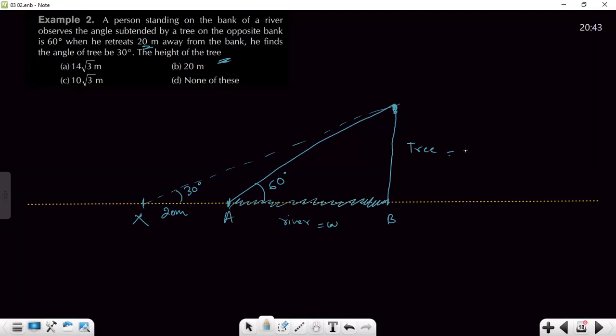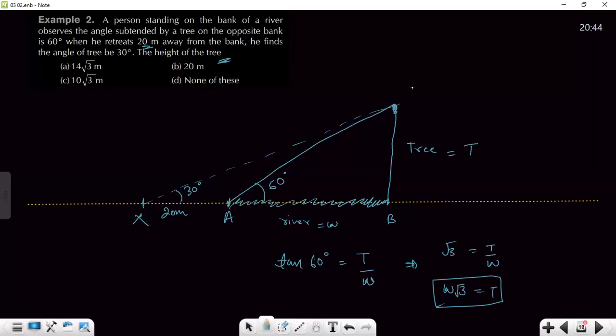Okay, let's consider the height of the tree as T. We know tan of theta, that is 60 degrees here, is perpendicular, that is t here, upon base, that is w here. Tan of 60 is root 3 equals t by w. Root 3 equals t by w. So further solving it, this gives us w root 3 equals t.